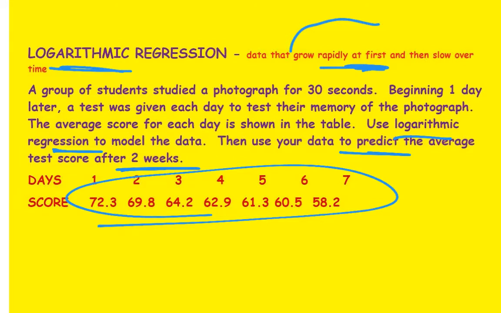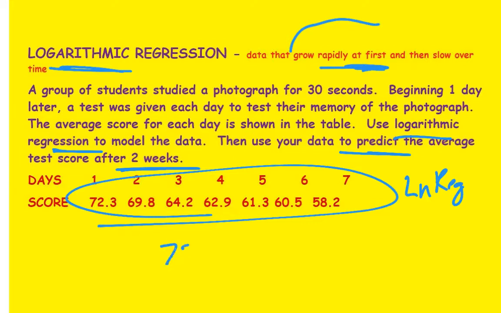So we're going to go ahead and put the data in. We're going to get a regression equation, and then we're going to plug into that regression equation. So when I run the logarithmic regression, and that's going to be an LN regression, it's going to give me a logarithmic equation. It tells you the form. It's y equals a plus b ln of x.